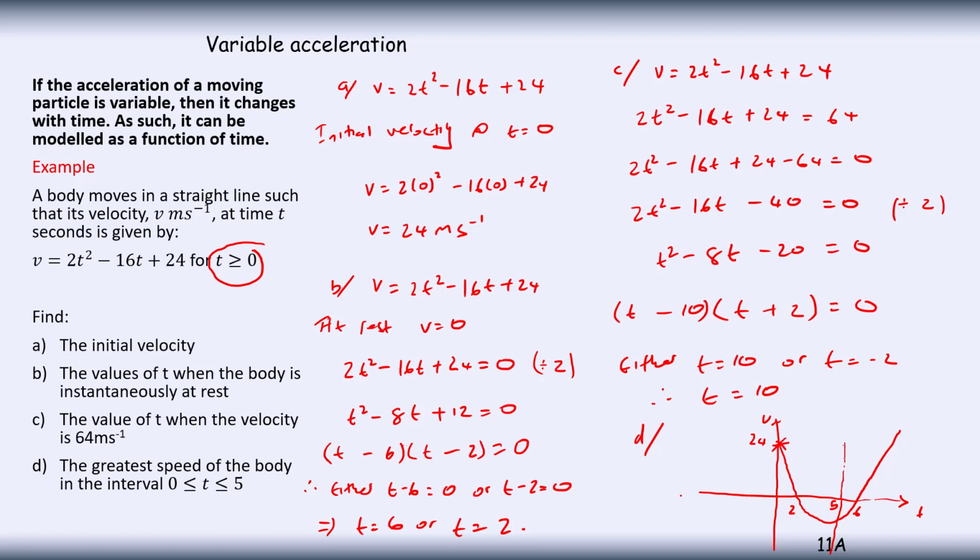So the greatest speed is at, sorry, it's v equals 24 and t equals 0. v equals 24 meters per second.